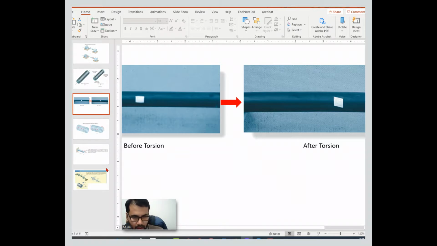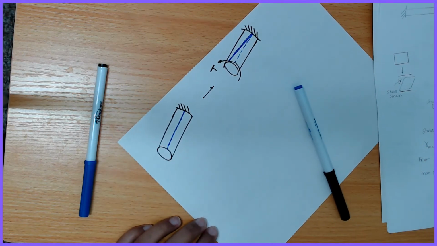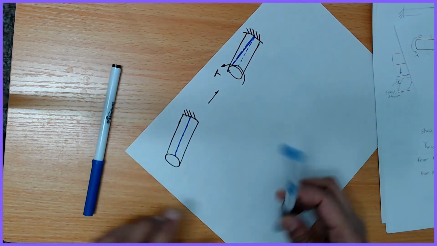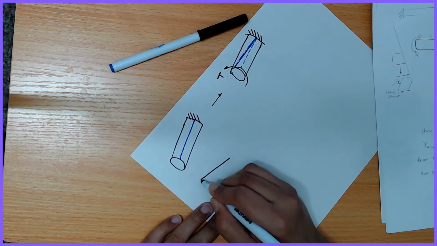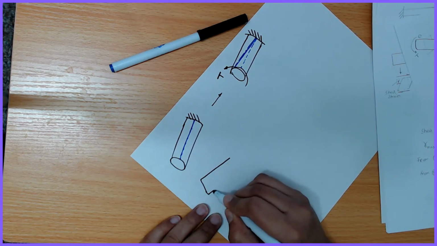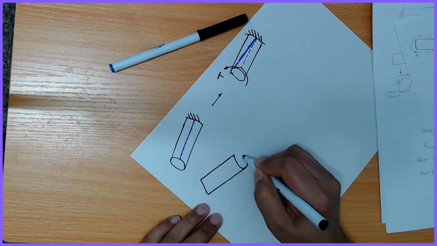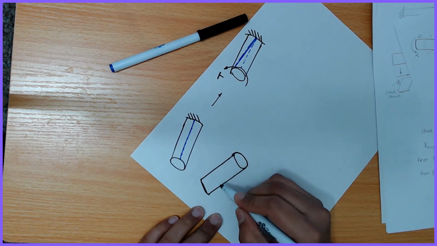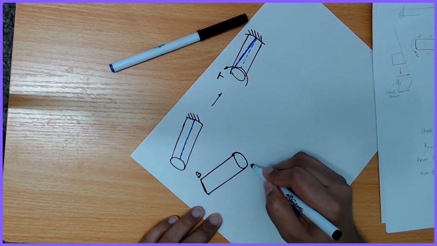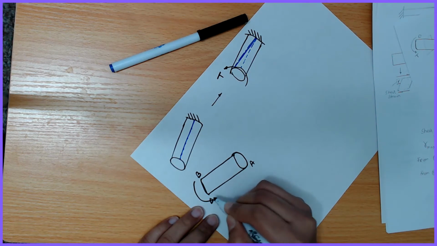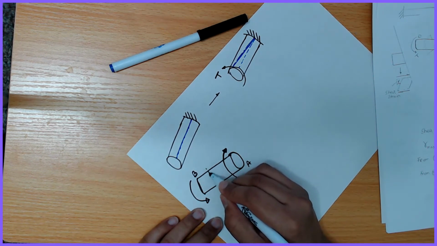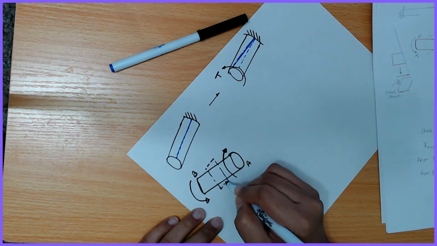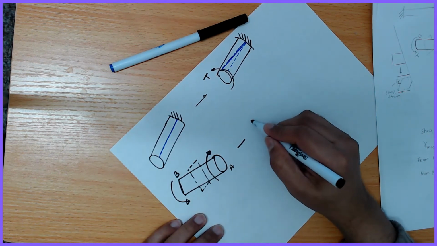So if a member, this is a member BA, and there is a plane.